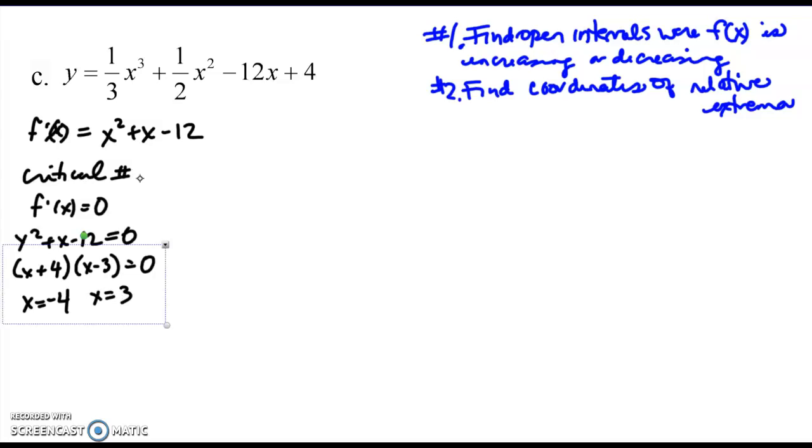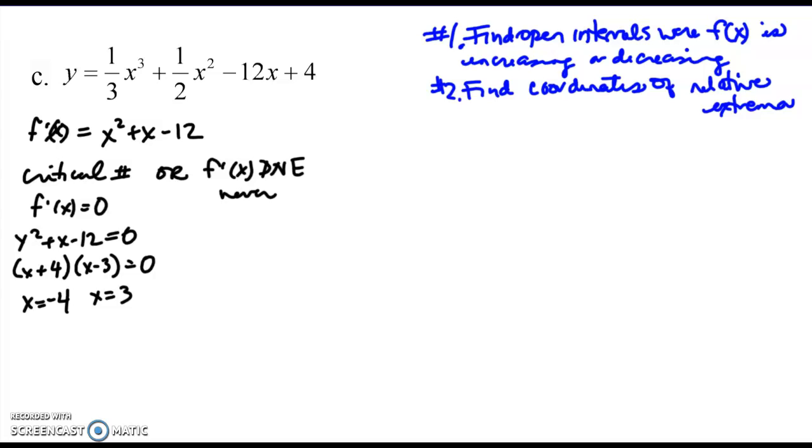We know critical numbers also happen when the derivative does not exist. In this case, this is a cubic function, and the derivative exists everywhere. It's continuous, so that never happens. What we want to know now is what's happening around or between these critical numbers. Is the function positive or negative?